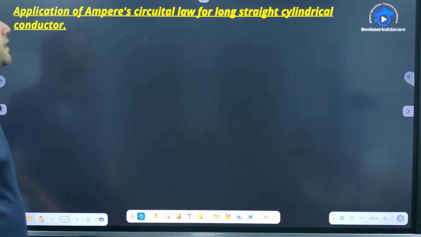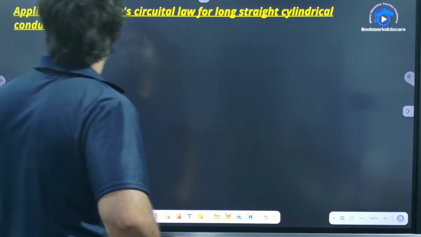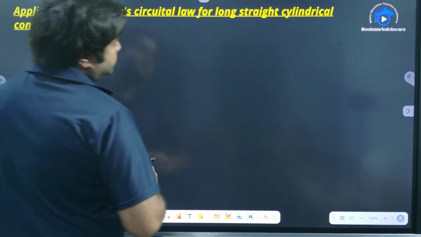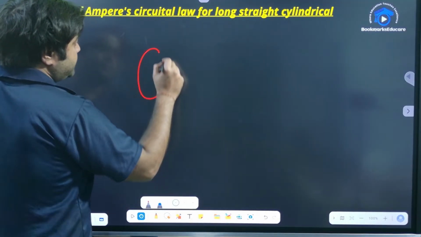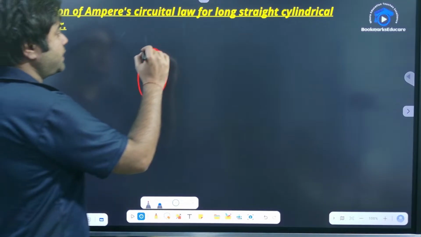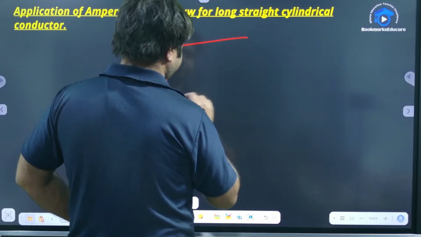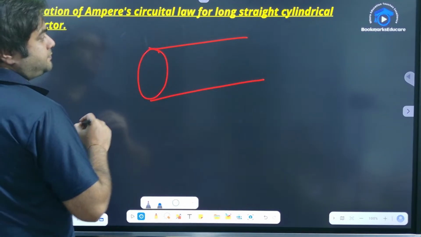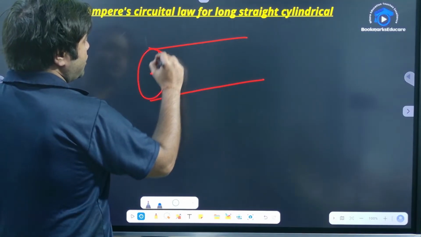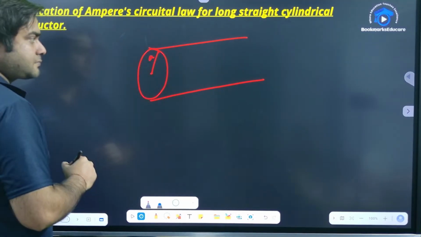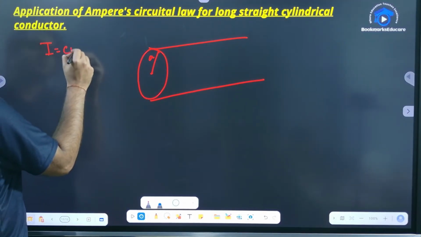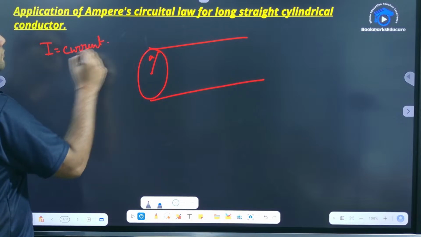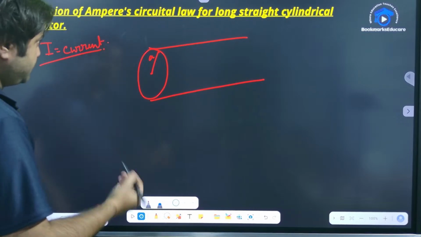Application of Ampere Circuital Law for long straight cylindrical conductors. Now look, this is considered a cylindrical conductor like this. A cylindrical conductor of radius A. Suppose I is the current flowing inside the conductor.